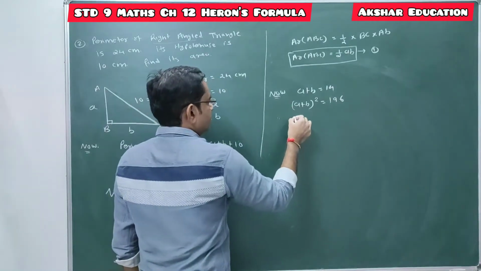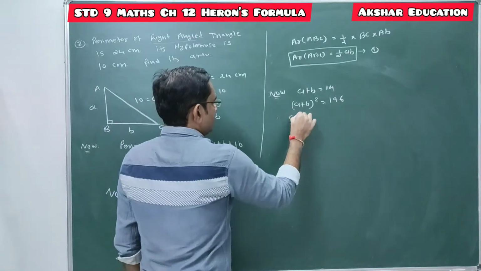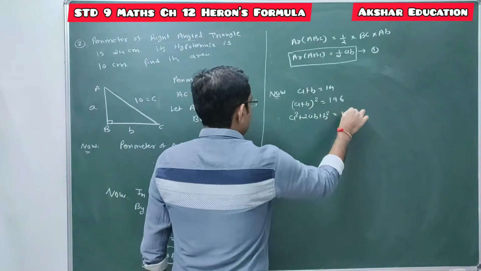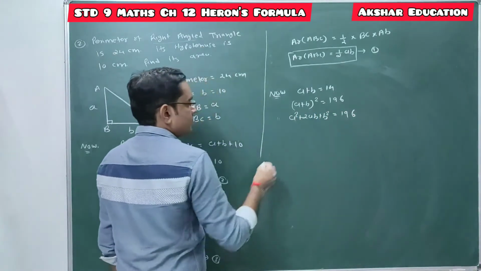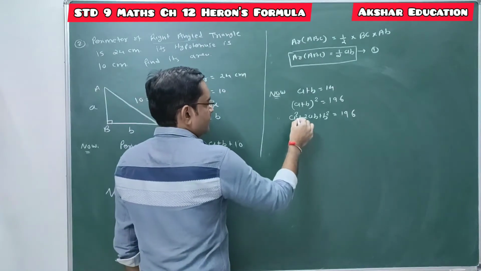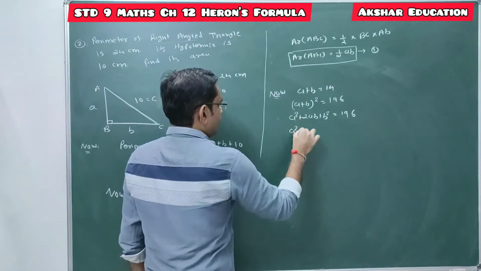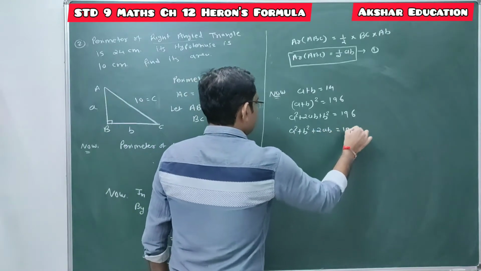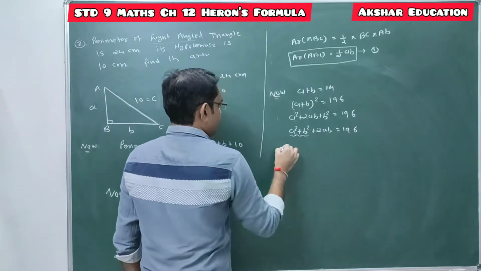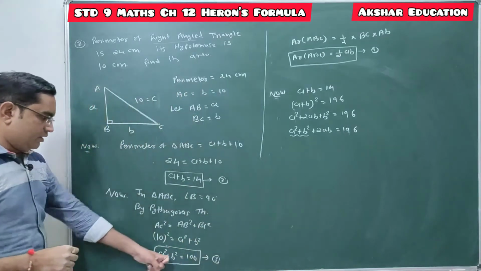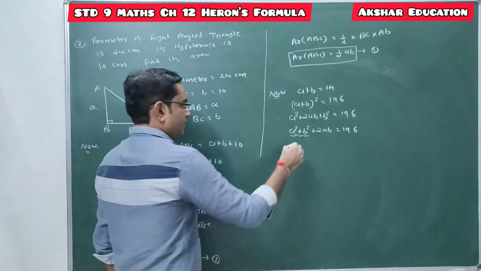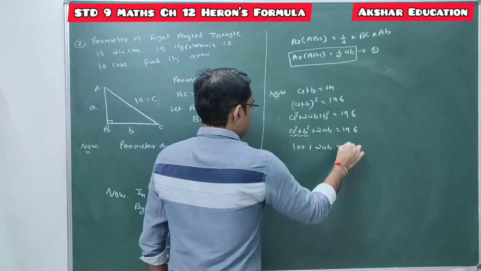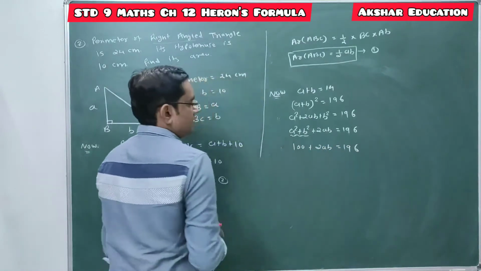So here we are getting A square plus 2AB plus B square equal to 196, and therefore this can be written as A square plus B square plus 2AB equal to 196, and here A square plus B square equal to 100 from result 3. So replace this one as 100 plus 2AB equal to 196.